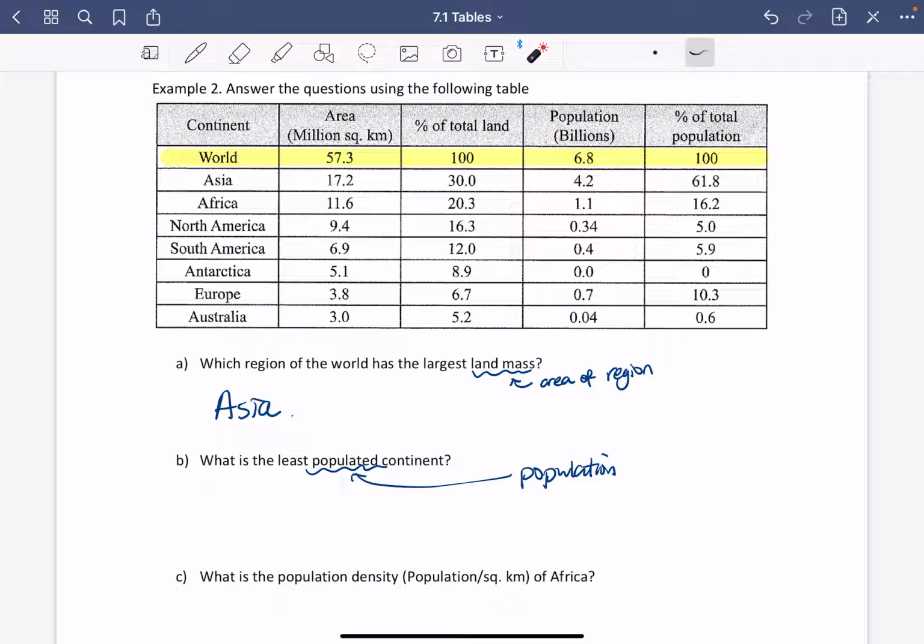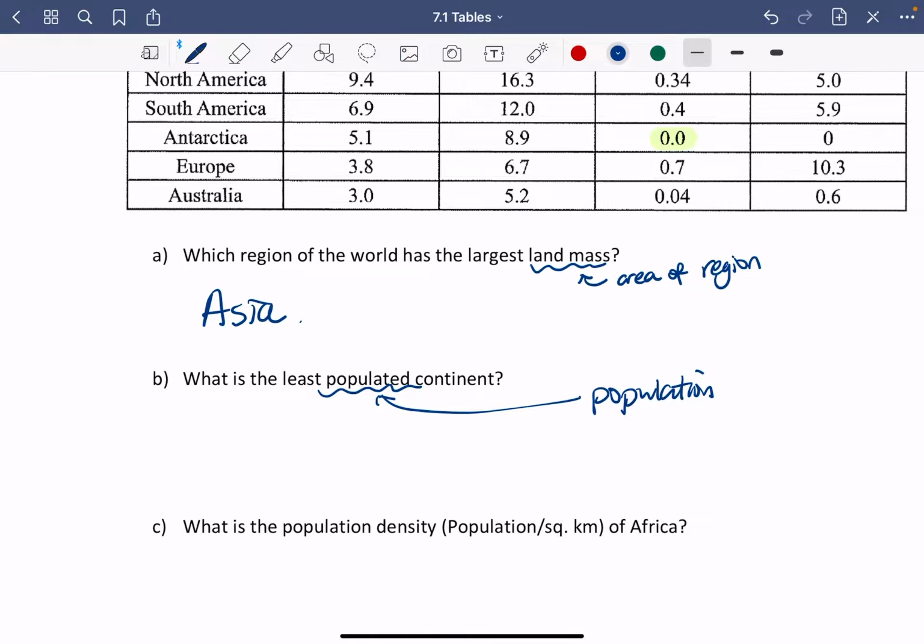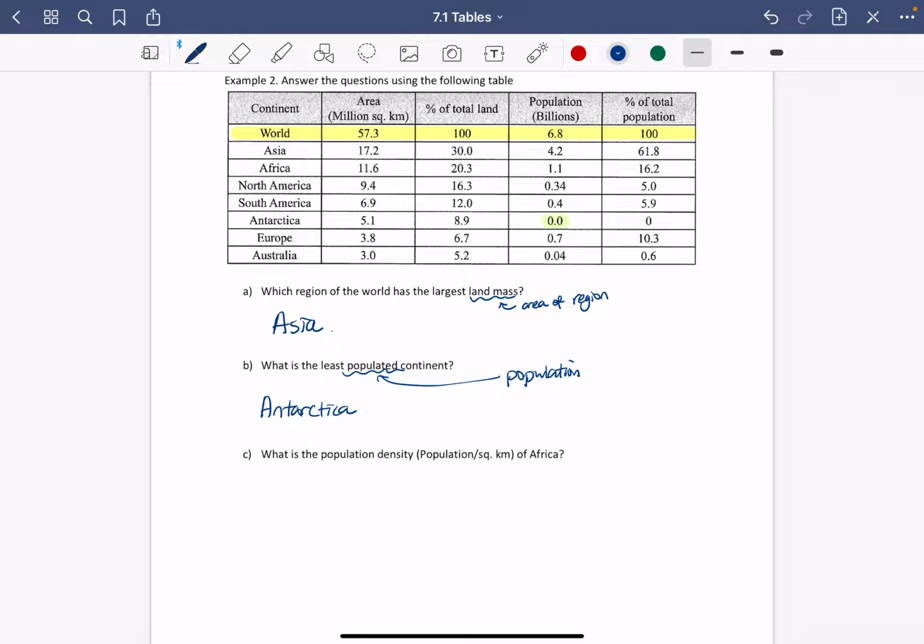Which one has the smallest number? Well, if you read the data, you can see that this one here is 0. So that's the lowest. And this one is Antarctica. All right, that's our second question.